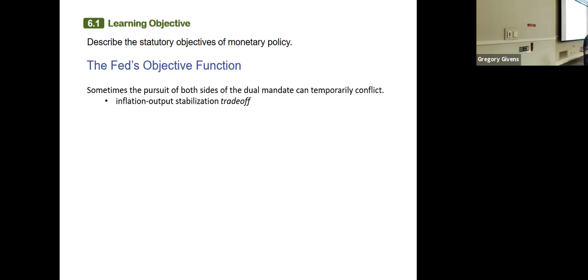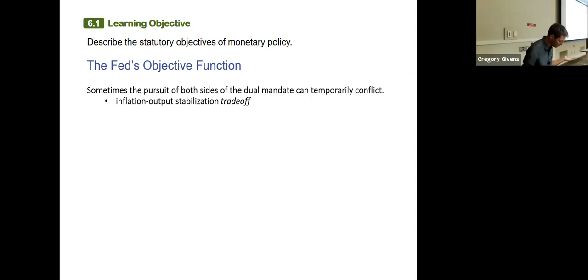However, there are going to be situations that happen repeatedly over time where trying to pursue both sides of the dual mandate are going to temporarily come into conflict with one another. When that happens, the Fed is going to be faced with what I call an inflation output trade-off, right? There's going to be a trade-off between trying to stabilize inflation on the one hand versus output or employment on the other hand, okay?